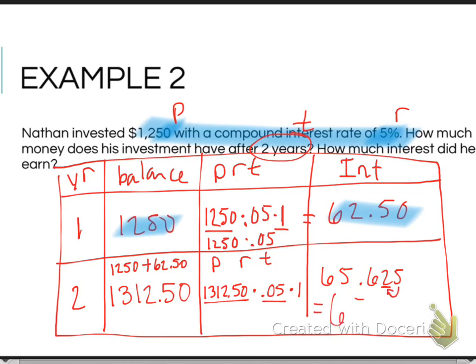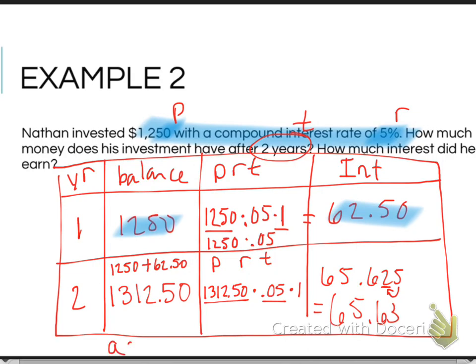So our answer is actually $65.63. This is a lot. I know that this is hard to understand, and it's a lot, but we will practice this in class more, and we'll practice it for the next few days. Okay, so we have $65.63.